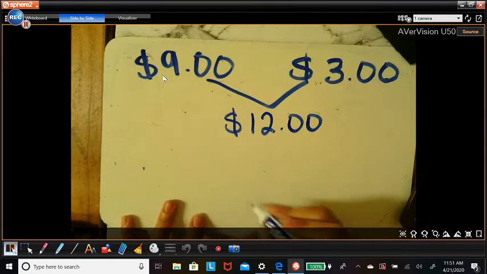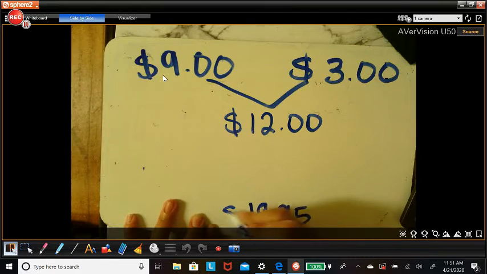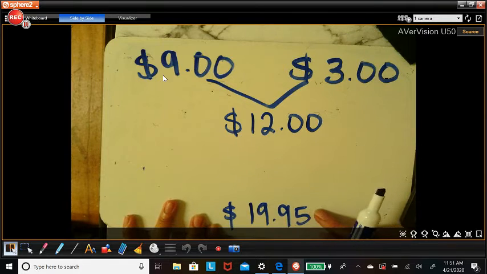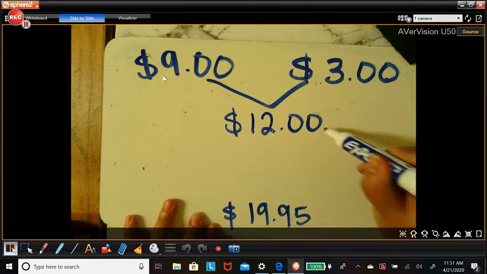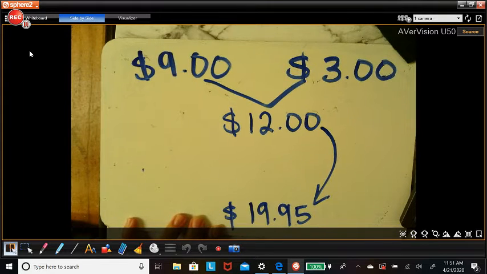But guess what? The ball that he wants is $19.95. So he doesn't have enough money to buy the ball yet. We need to find out how much more money he needs to get to $19.95. And we can solve this one or two ways.